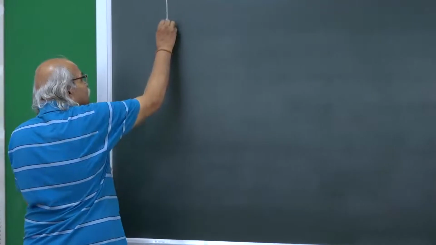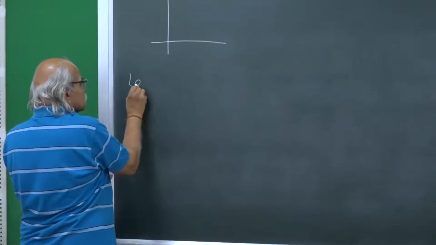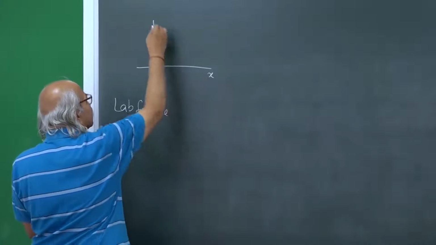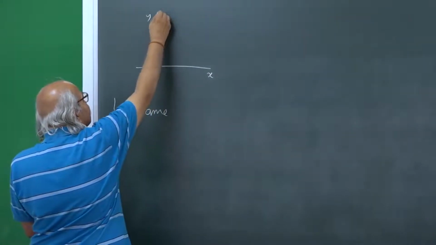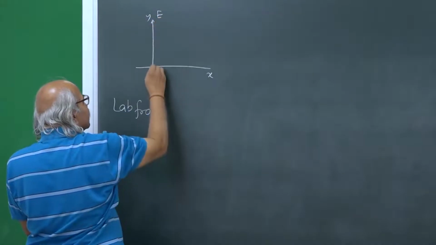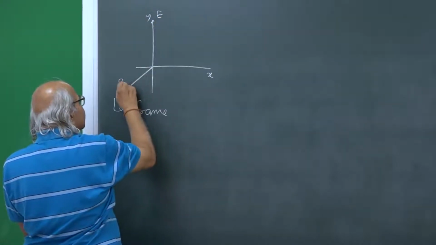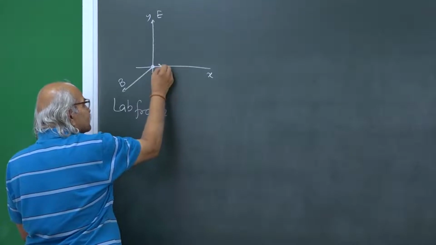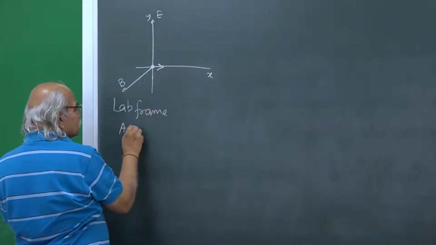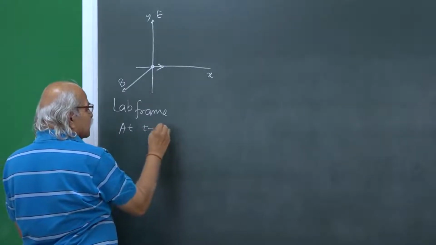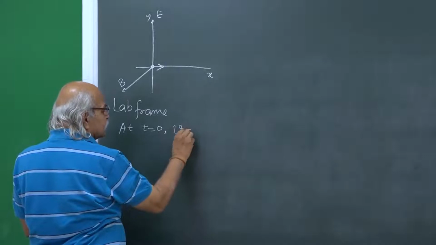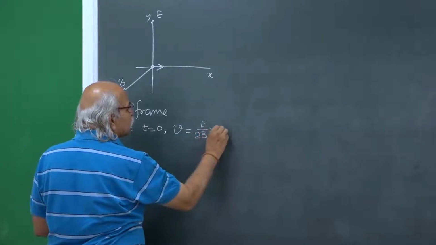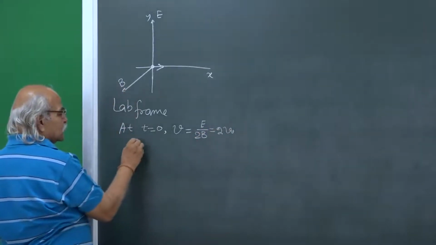So, our situation now is that in the lab frame, this is the x axis, this is the y axis, and I have an electric field here, and then in the z direction I have a magnetic field, and at t equal to 0, this charged particle has a velocity, and let us say it is E by 2B, half of v naught. Remember, E is given to us, B is given to us.